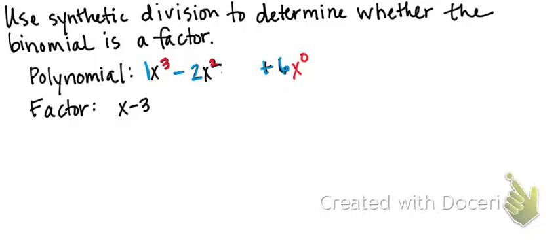There would be nothing with an x to the first power. And so we would have to put that in, 1, and put a 0 here, because 0 times anything will give us 0. So you need to fill in that space. But since we don't have any spaces, we're just going to take those coefficients and put them here.